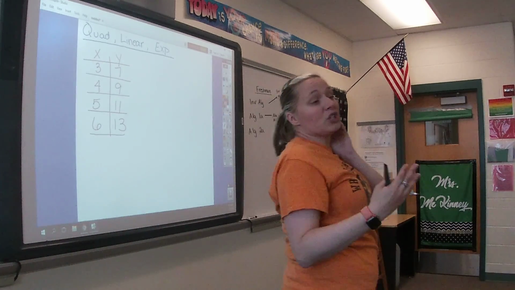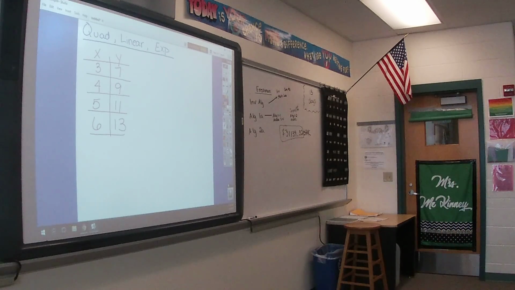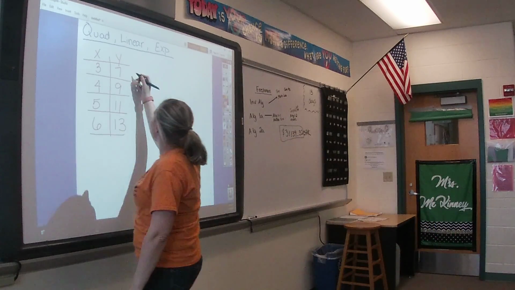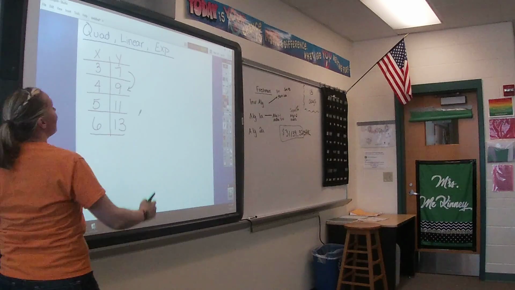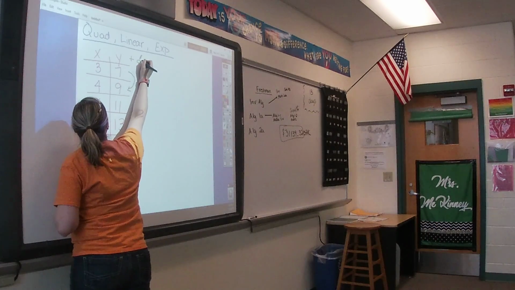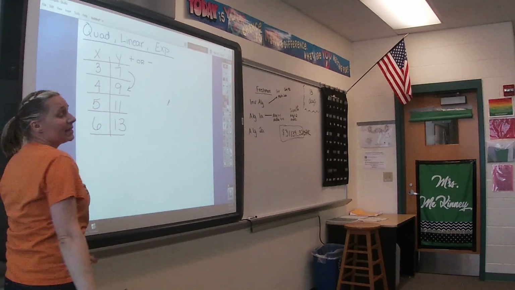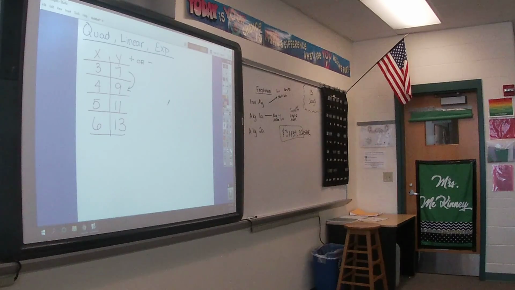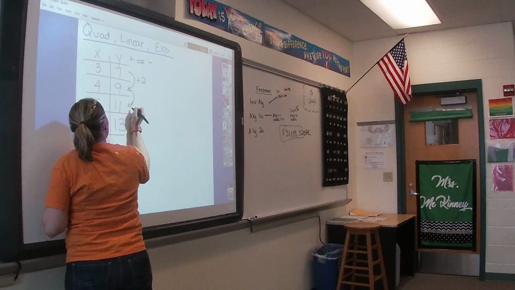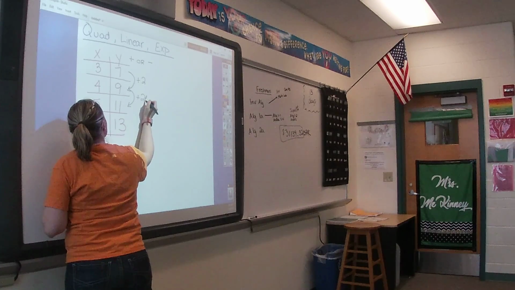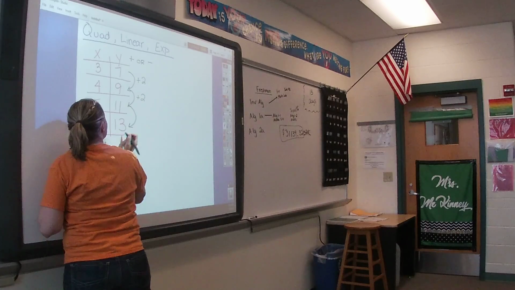That just requires you to take an additional step of graphing. I'm going to show you how to get there without having to graph. Here's what you're going to do. You're going to go right here, and ask yourself what you have to add or subtract to get to the next number. Plus 2. 7 plus 2 is 9, plus 2 is 11, plus 2.